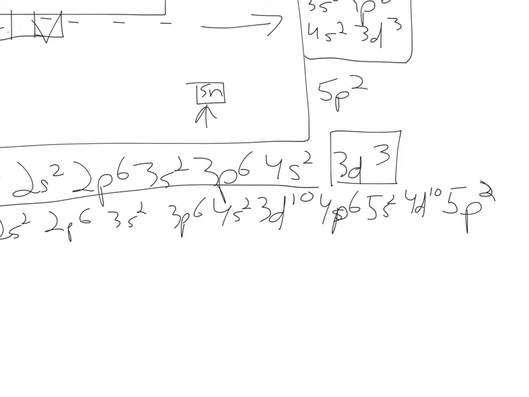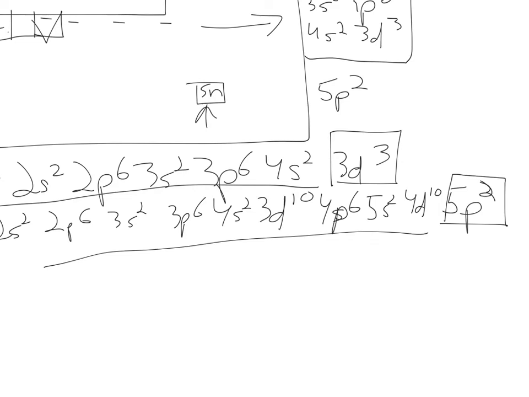We usually refer to tin as a 5p2, because you imply that all of these are there, and only the outer electrons do any interesting chemistry anyway. But if it ever asks you for full ground state electron configuration, make sure you go through everything before it.